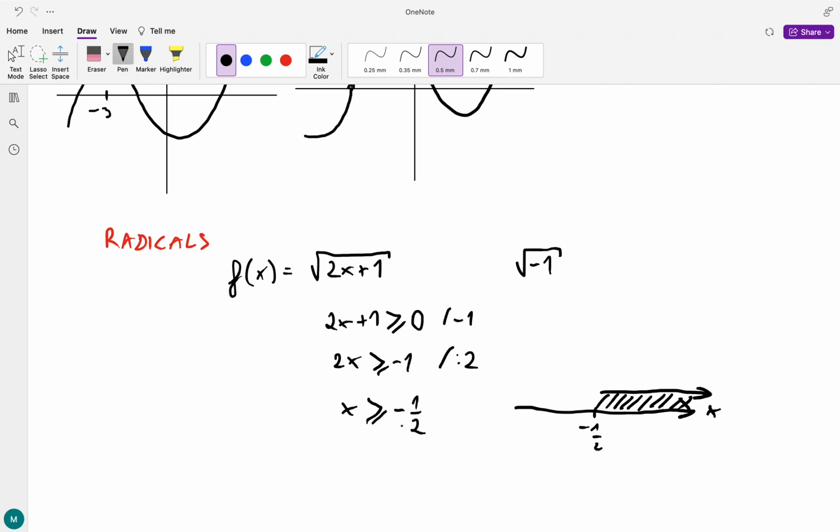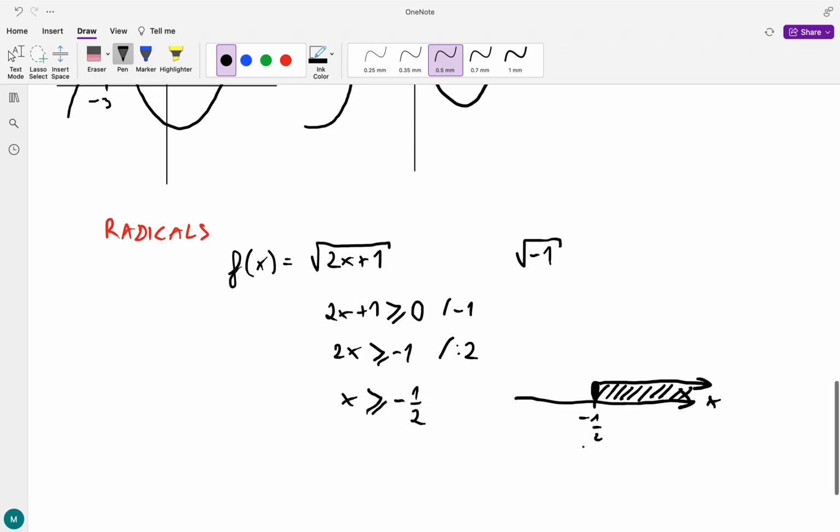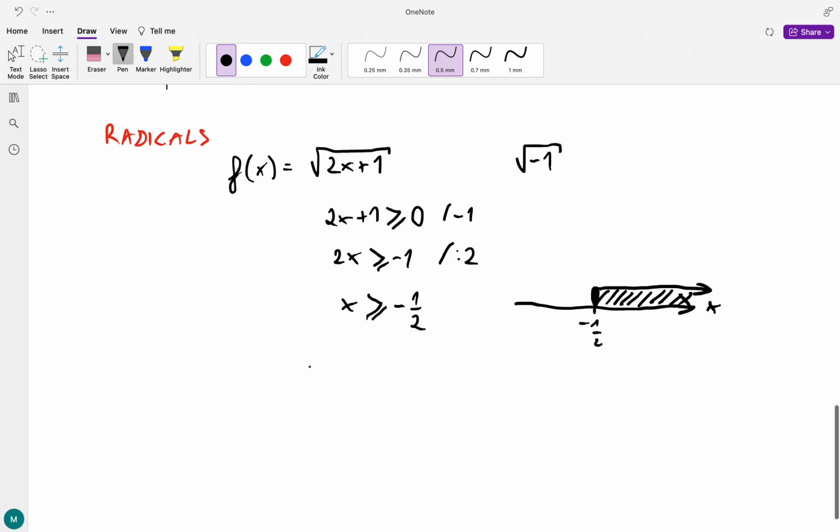But notice that this sign also indicates that -1/2 can be included. It can be equal to. X can be equal to -1/2. So we are not going to have an open circle. We're going to have a closed circle. And if you want to use the interval notation to describe the domain of this function, you're going to say bracket. That indicates a closed circle.